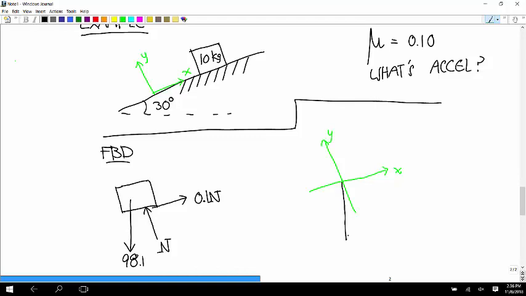Our weight force is straight down. So remember that any angle between the horizontal and the incline is the same as the angle between the weight force and the negative y-axis. So this has to be 30 degrees.